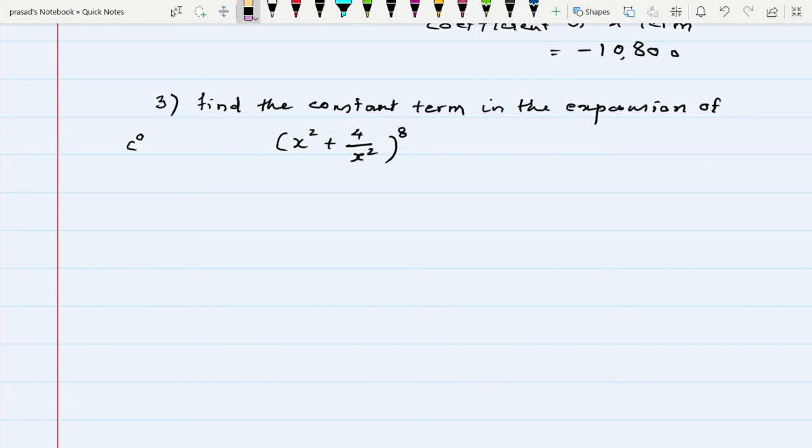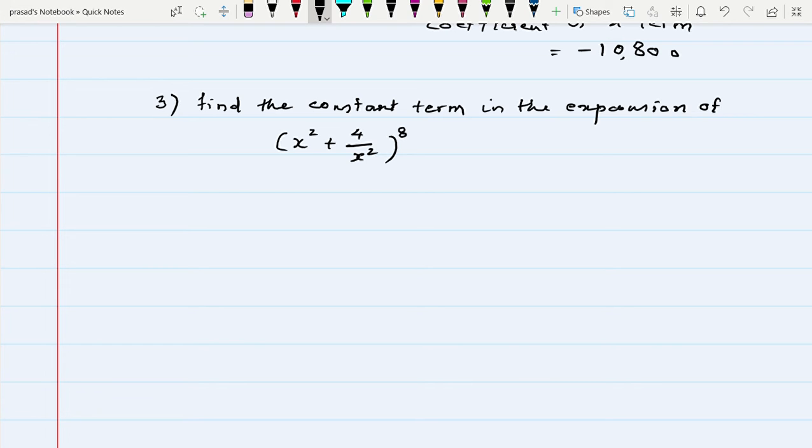Secondly, in this bracket, both a and b have variable x. So here I don't know which number of term is my required term, and hence I have to find out the number of the term first.